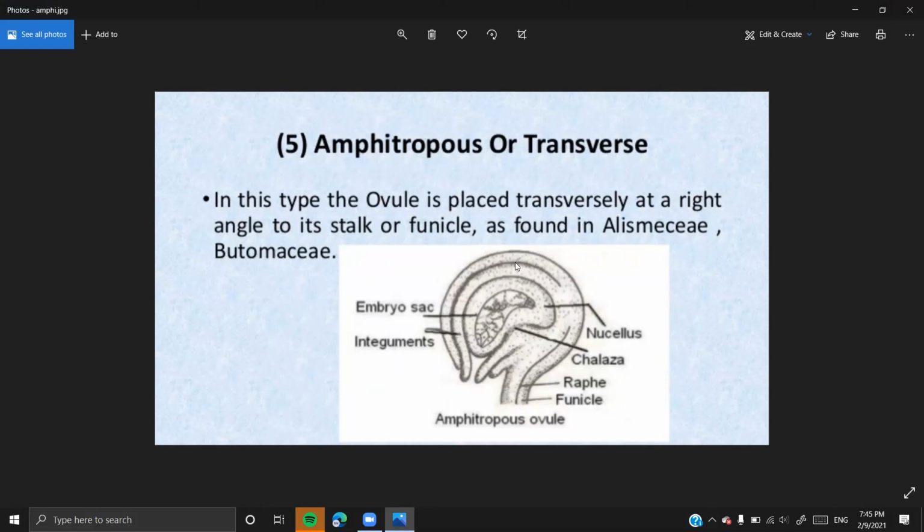Even the integuments and nucellus are curved, and the embryo sac is also curved. Such an ovule is called amphitropous, or transverse ovule. This is also seen in the crucifers. Here he has given two different families which are not in your syllabus, so just mention crucifers as the example of amphitropous.